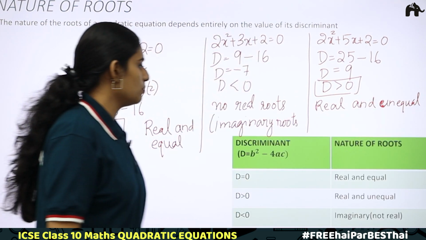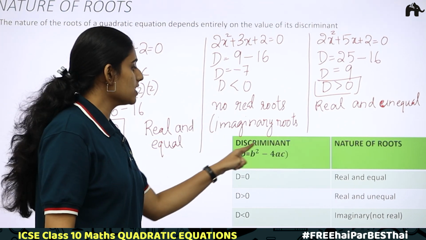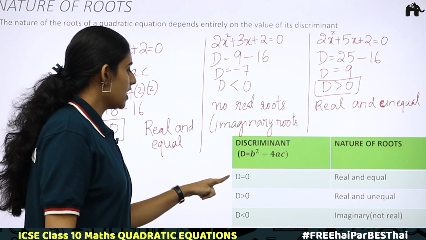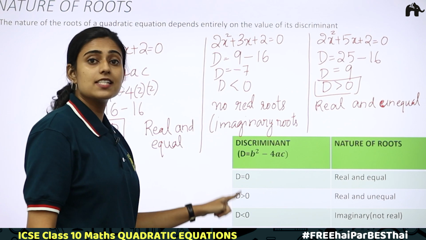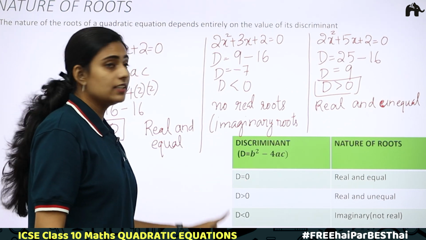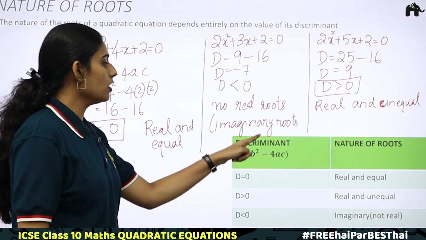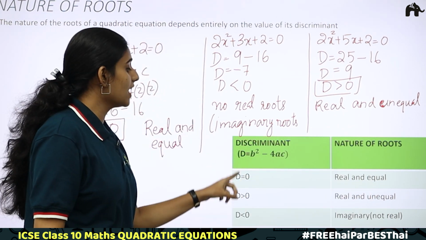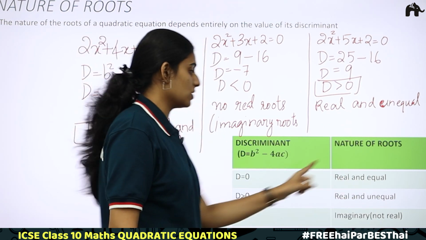Just look at this table. Discriminant D is equal to b square minus 4ac. Here the three cases are given. First, when discriminant is equal to 0. Second, discriminant greater than 0. Third, discriminant less than 0. When discriminant is equal to 0, you will be getting real and equal roots. When discriminant is greater than 0, you will be getting real and unequal roots.